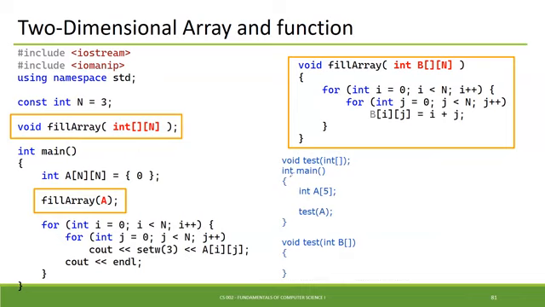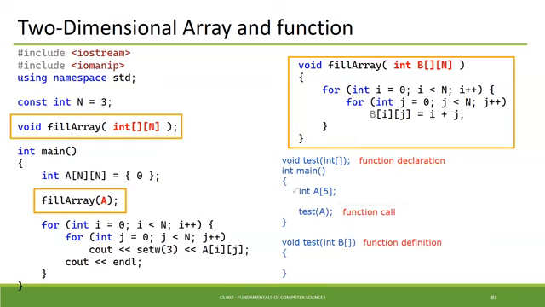But anyway, you know declaration and definition, right? This is the function declaration, and this is the function definition. And this part is the function call. Function definition, declaration, and function call should have a consistent representation.